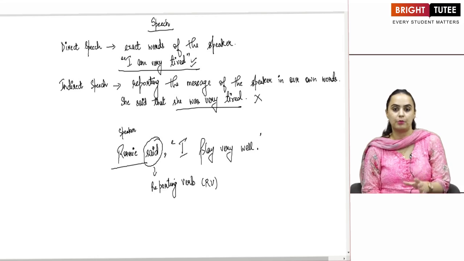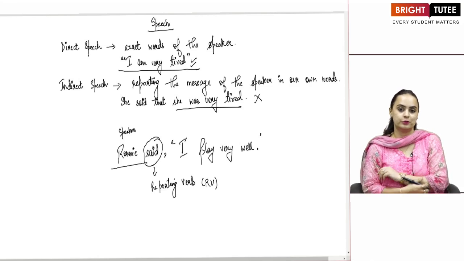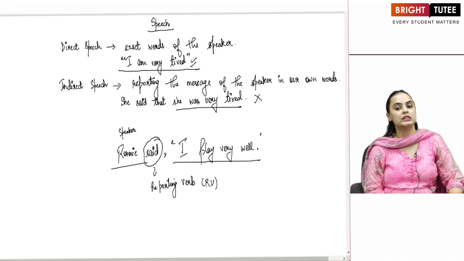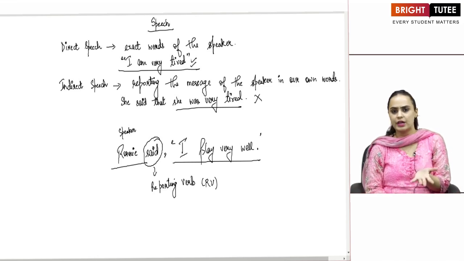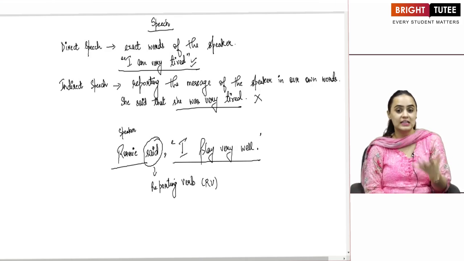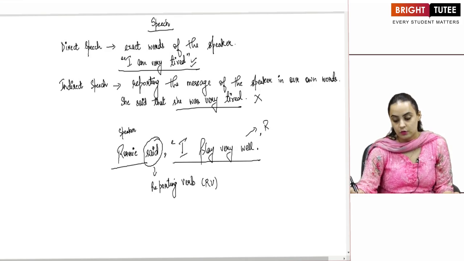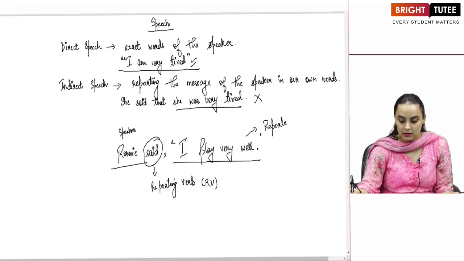So please remember, RV refers to the reporting verb, and whatever is written in the inverted commas, whether 1 line, 2 lines, 10 lines, is known as reporting speech.